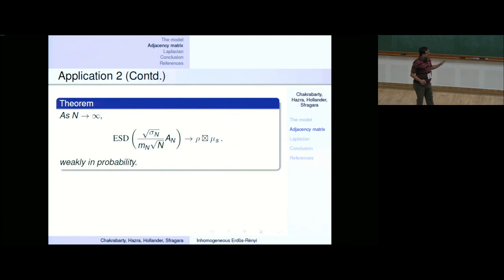We wanted to understand the empirical spectral distribution of the adjacency matrix of the Gibbs canonical ensemble. And it turned out that it essentially has a multiplicative structure asymptotically. So we had to tweak the results in that way so that this would follow from our result.